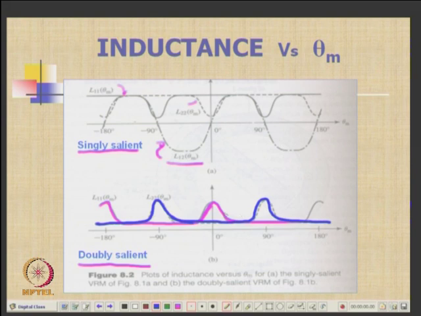You know that they are shifted by 90 degrees, is it not, because naturally they are shifted. So, that is how the self inductance will vary with rotor position, this is theta m.